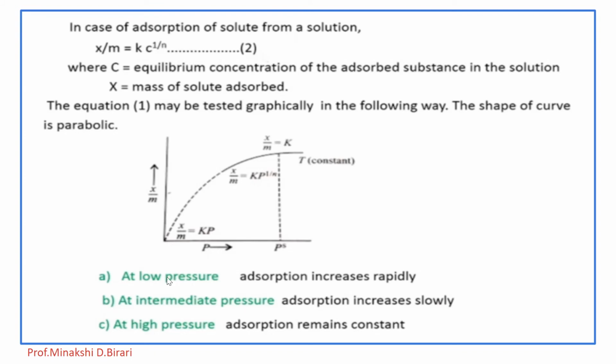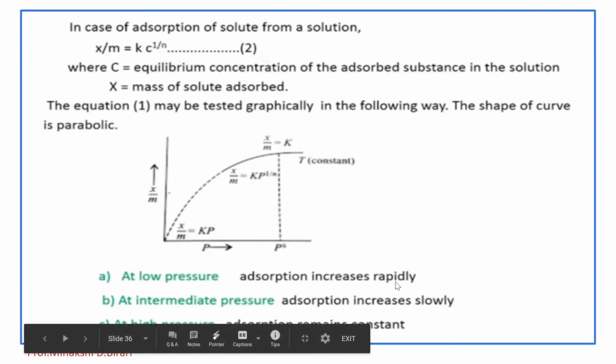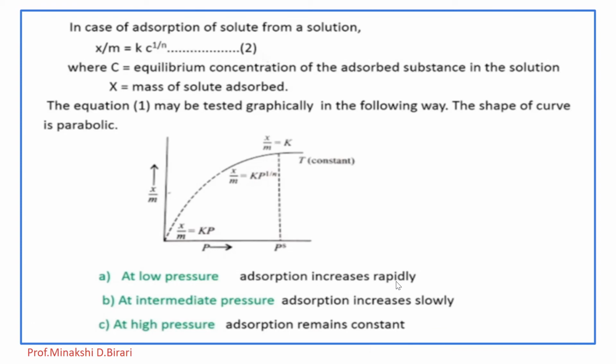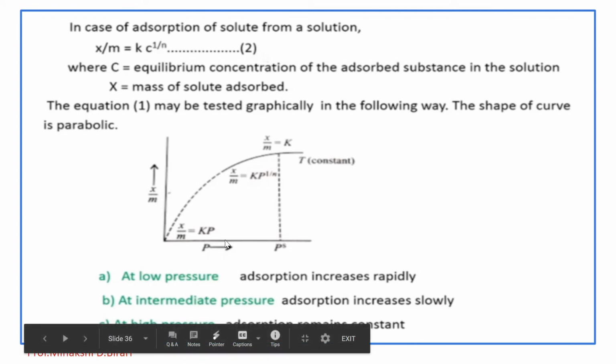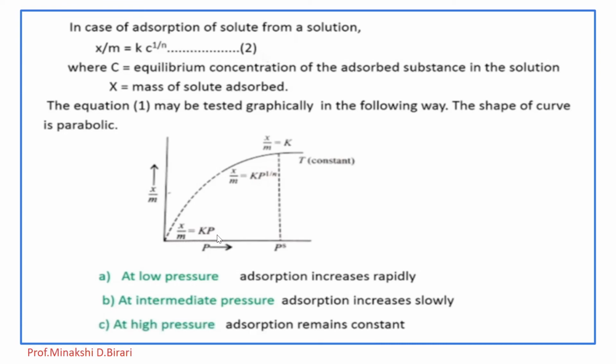So, at low pressure, adsorption increases rapidly. The amount of gas adsorbed per unit mass of adsorbent is directly proportional to pressure, that is x/m = k p.